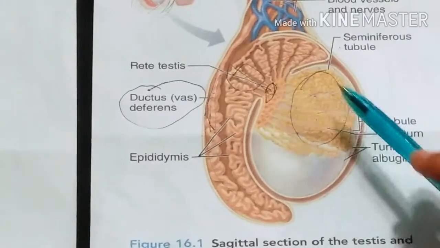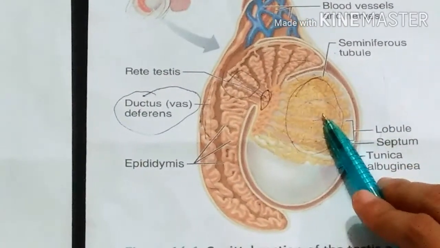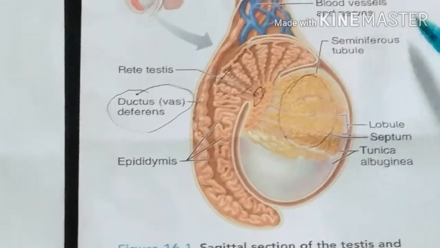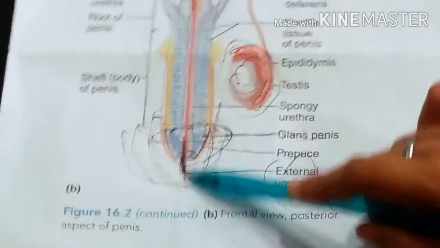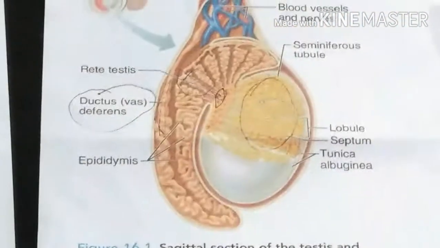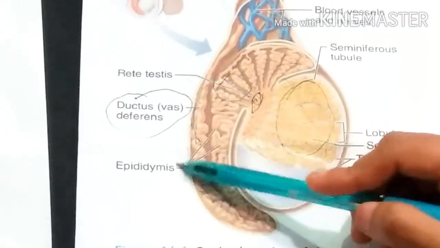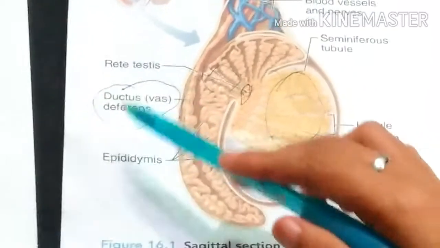The vas deferens is the transport of the sperm to the urethra to go out. The ductus or vas is also called the sperm duct, which extends from the epididymis on each side of the scrotum.